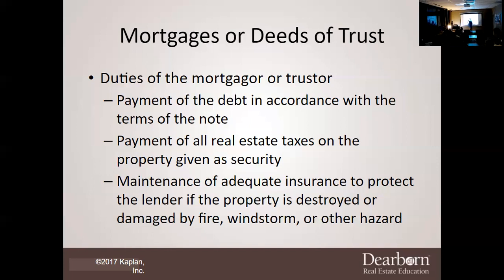Principal, interest, taxes, insurance. 4 things. The first 2, principal and interest, fall under the first bullet. Taxes, the T, falls under the second one. The last I is your insurance, and falls under the last bullet. We call it in real estate PITI.